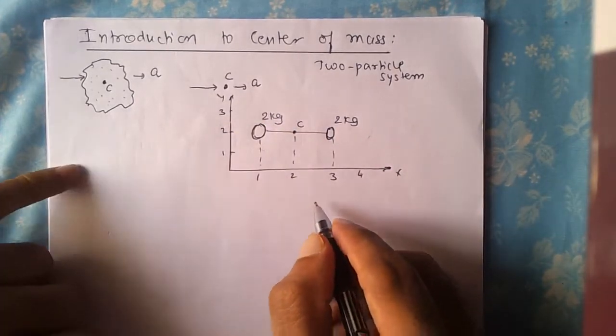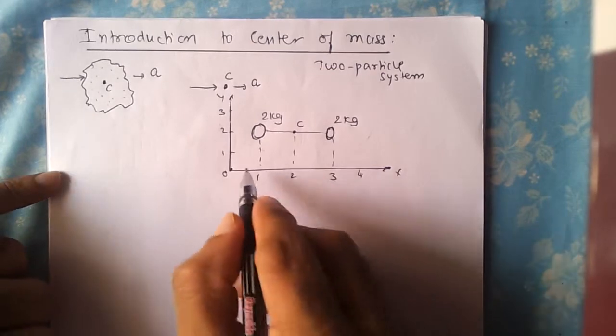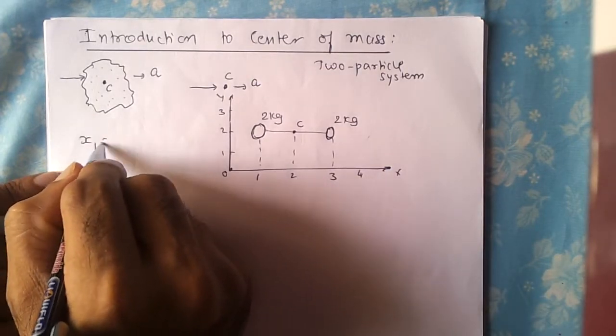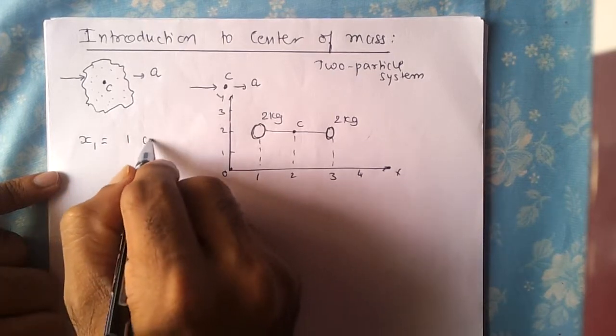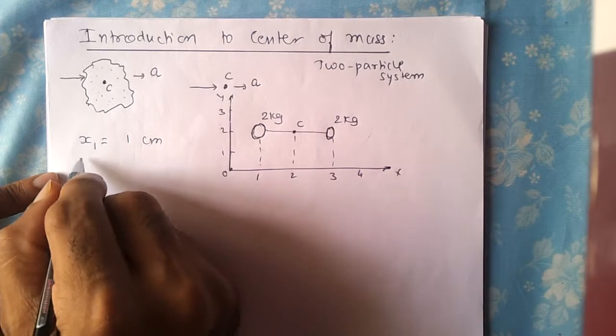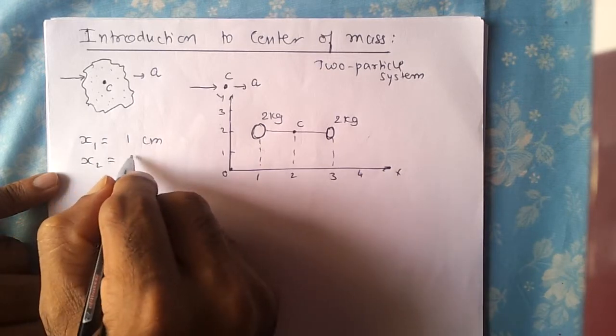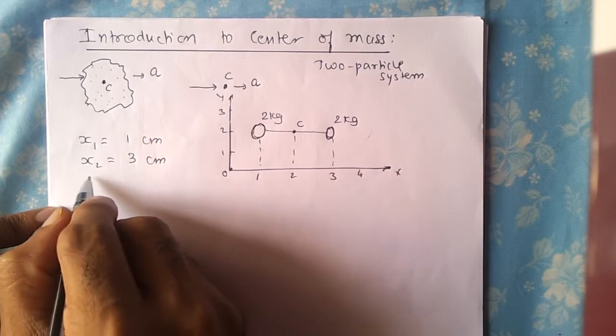Now if I look at the x-axis, this is the origin. Then x1, that is the x coordinate of the first body, is 1 centimeter, and the x coordinate of the second body is 3 centimeter.